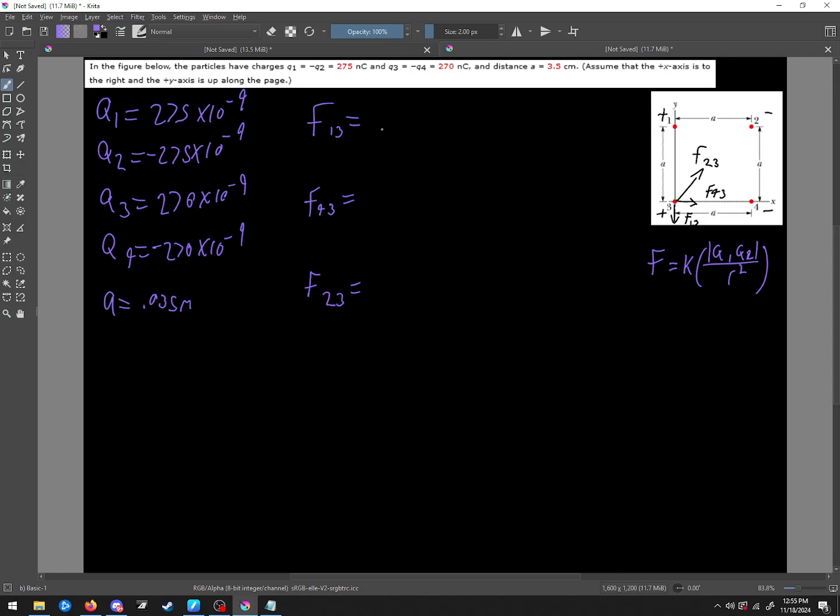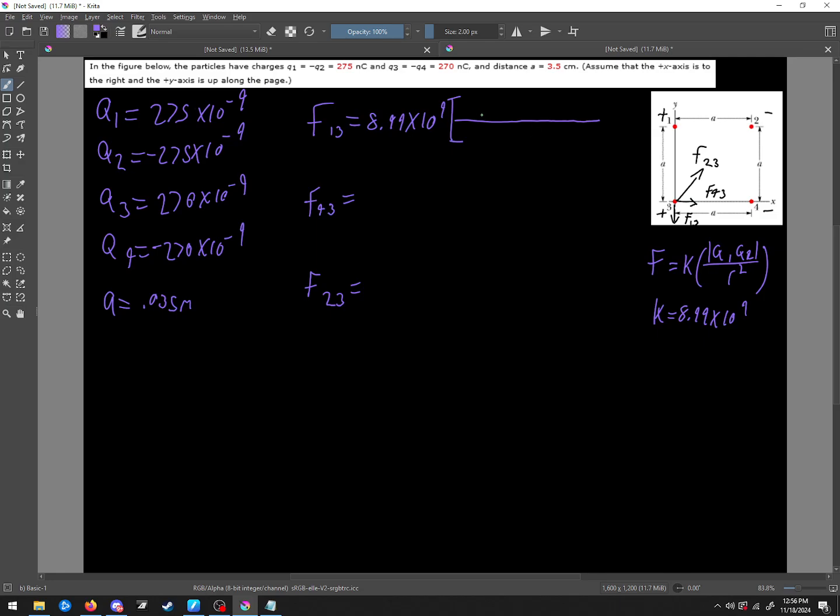So with this one, we also need to know that K equals 8.99 times 10 to the ninth. So here we can write 8.99 times 10 to the ninth. And I will do these square brackets just because it's easier for me to write that. Might have to be a little bit longer. Okay.